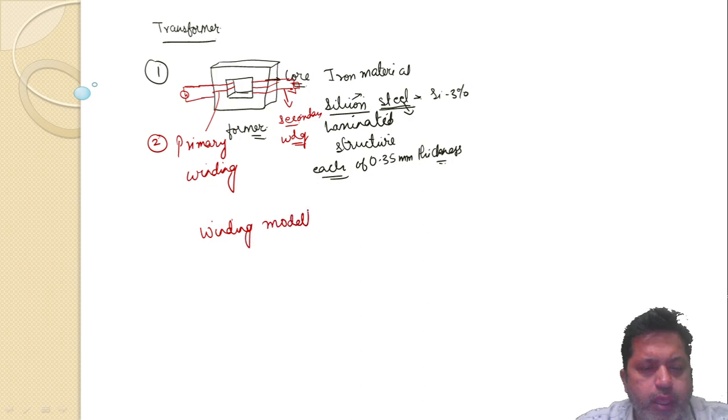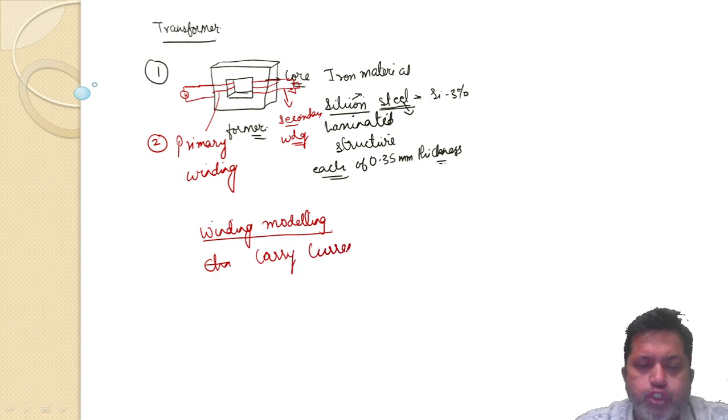The main function of winding is to carry current. To carry the current, you need to have some resistance, isn't it? We have supplied some voltage, therefore there is some resistance, so it carries the current.